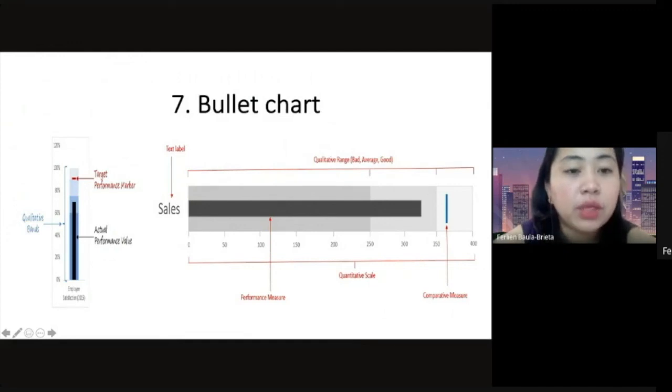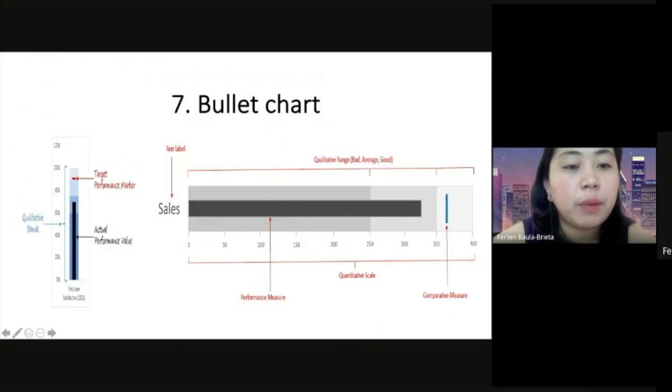Aside from being a space saver, it has the same purpose as a gauge chart, but it is less visually decorative. It is a space saver in your presentation, and it can display multiple measures. Like you can display the target measure and the actual measure.